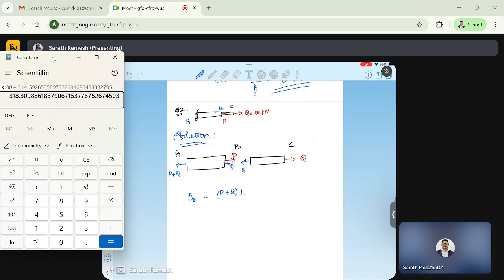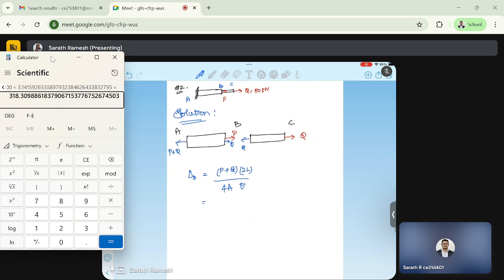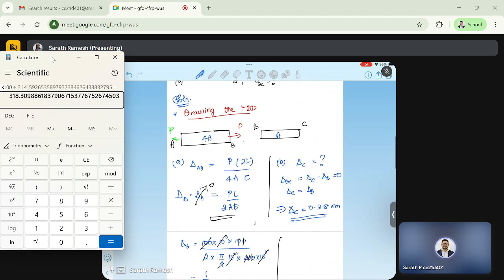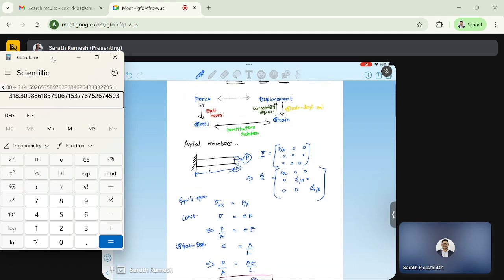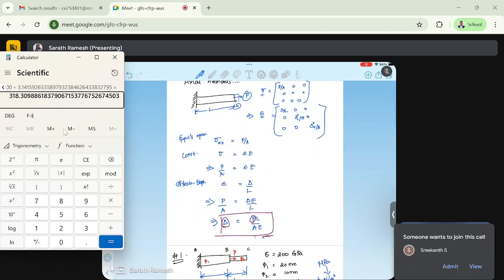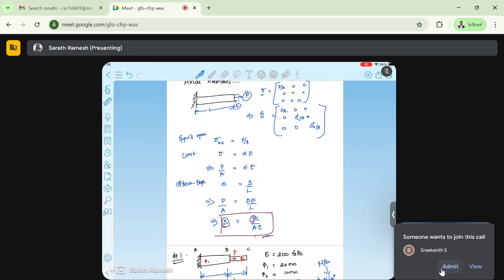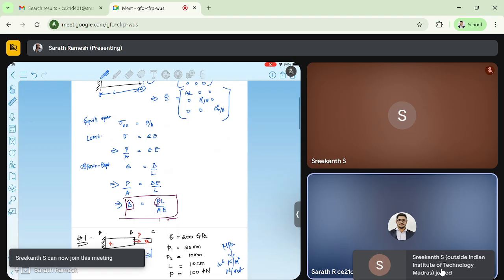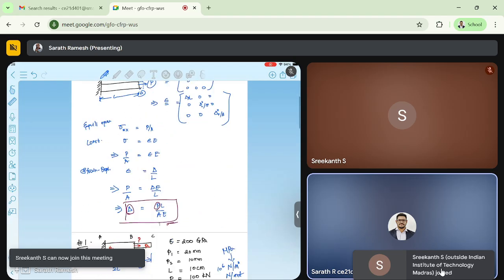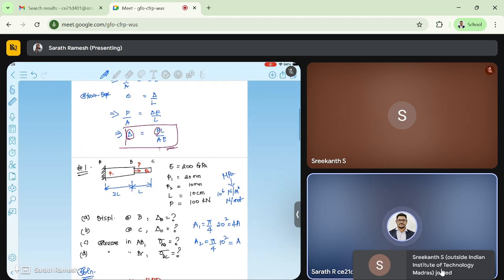Yeah, 2L, it's not L, it's 2L. 2L by 4A and E. So 100 plus 50 will give us 150 kilonewton. I am writing 10 power 3, into length, which is 10 centimeter if I remember correctly.